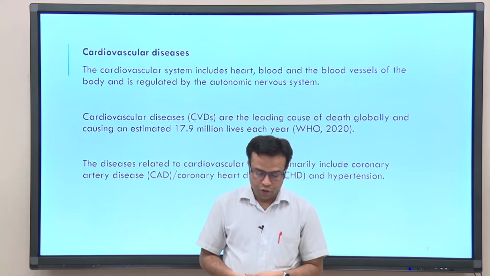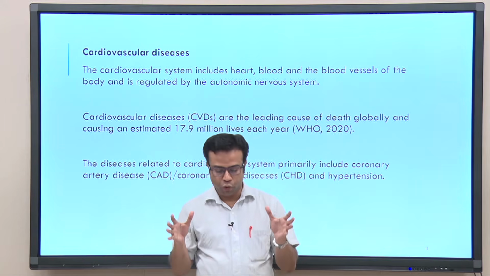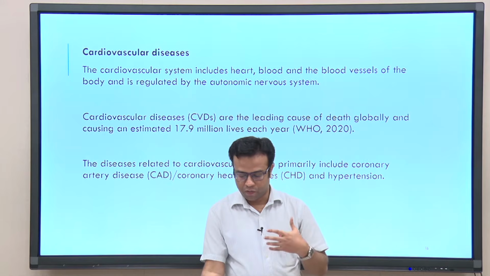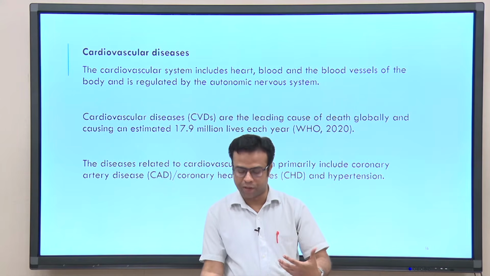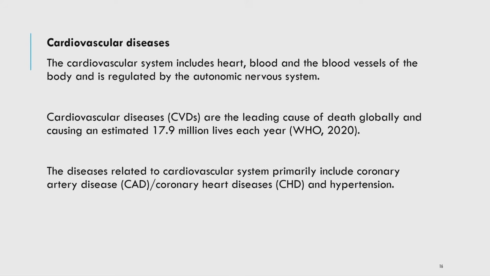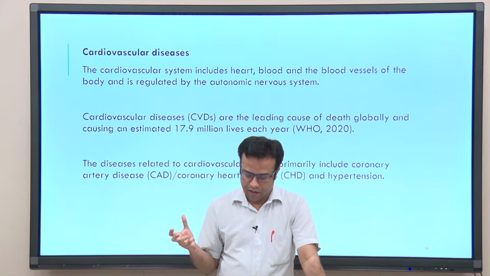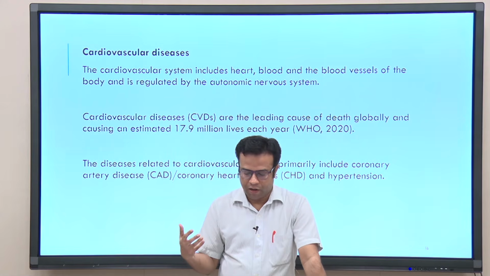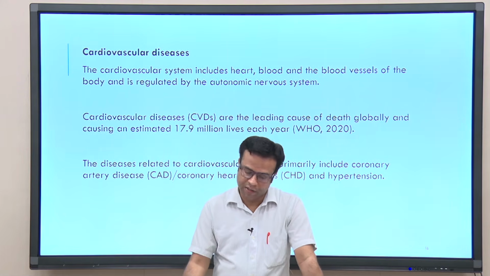So, cardiovascular disease is a huge category of disease causing one of the largest numbers of deaths globally. Diseases related to the cardiovascular system primarily include coronary artery diseases, coronary heart diseases and hypertension. So, primarily heart diseases and hypertension or high blood pressure are included under cardiovascular diseases.